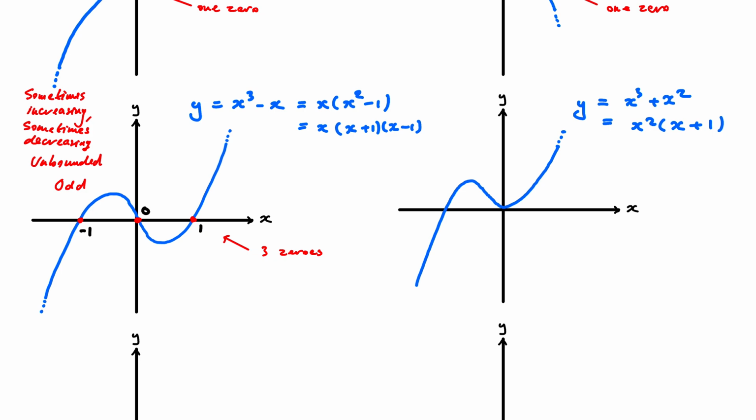And I'll kind of talk about why it's this shape in a little bit. But it has to look something like this because I know it's got only 2 zeros. These are the 2 points where it crosses. Minus 1, and 0. So again, this is interesting now because it's got 2 zeros as opposed to 3 or 1.